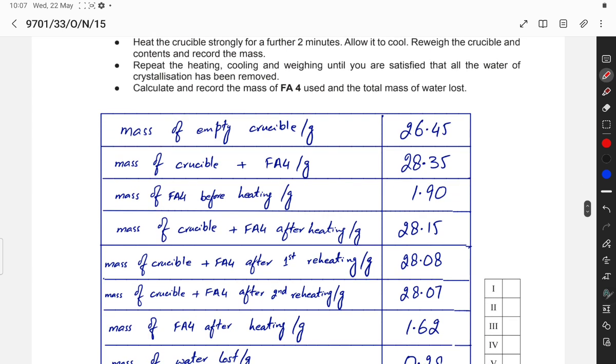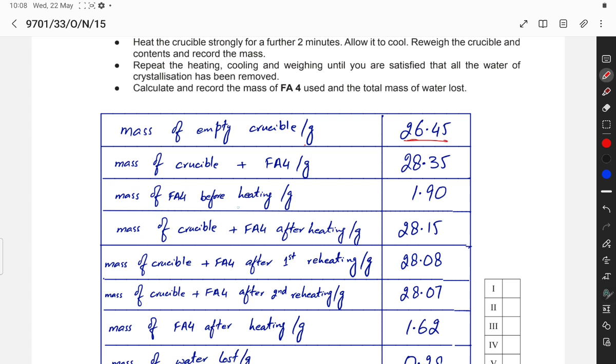So this is the way you have to draw the table. First, mass of empty crucible in grams, so you must mention the unit of the quantity. Let's suppose that this is 26.405. Mass of crucible plus FA4 in grams is equal to 28.35.